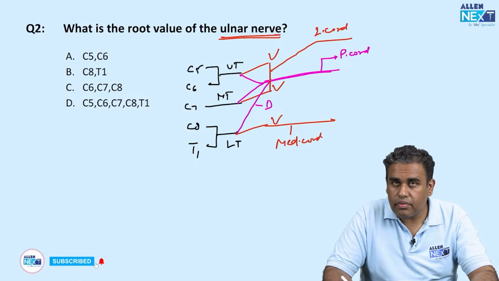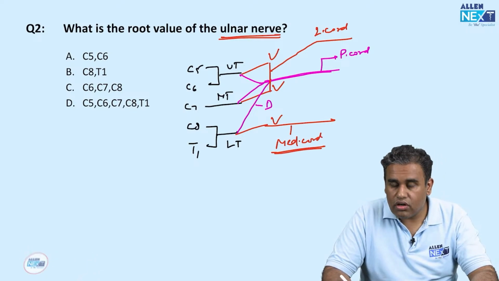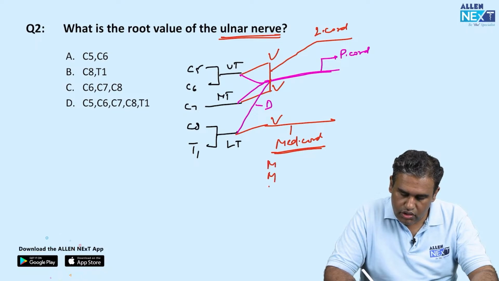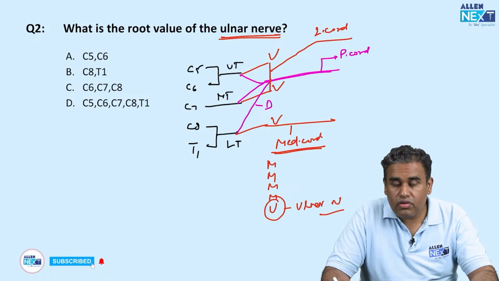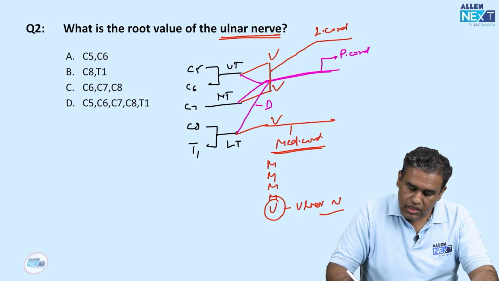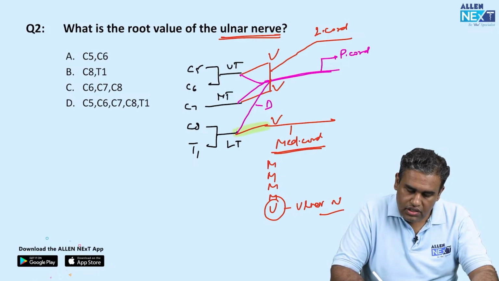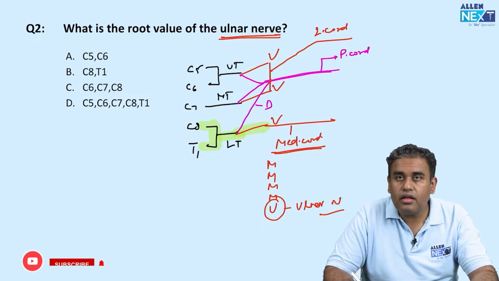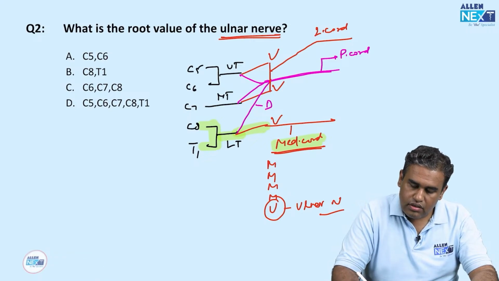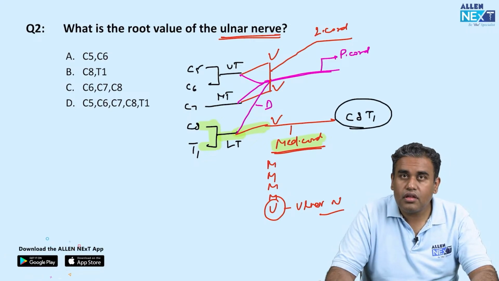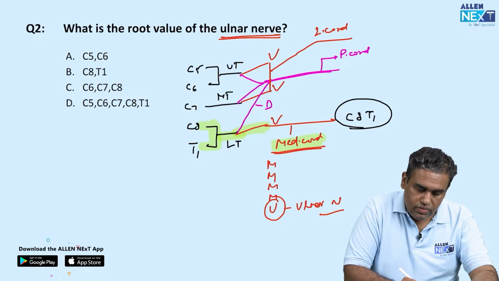Now coming to the ulnar nerve. If you look at the branches of the medial cord, the mnemonic is M4U, four times M and a U. This U represents the ulnar nerve. So, if you trace the whole cord, this medial cord is from the ventral division of the lower trunk, which itself is from C8 and T1. Therefore, the whole root value of the medial cord is basically C8 and T1. Therefore, this should be the root value of the ulnar nerve.